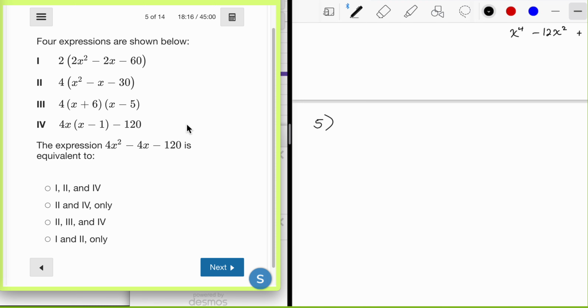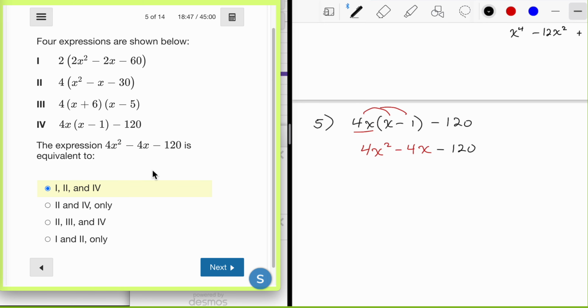If I take my 4x and distribute it to each term, I get 4x squared minus 4x. The minus 120 comes along for the ride. That's equivalent to the given expression. So now I know Roman numeral 4 is fair game, and it has to be this choice.